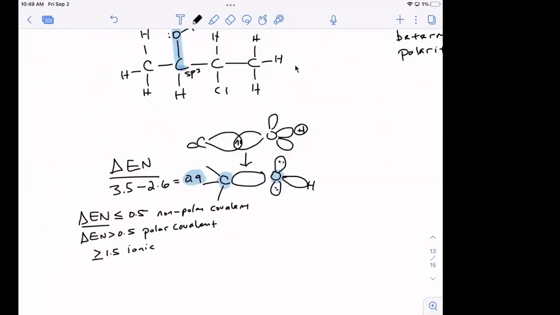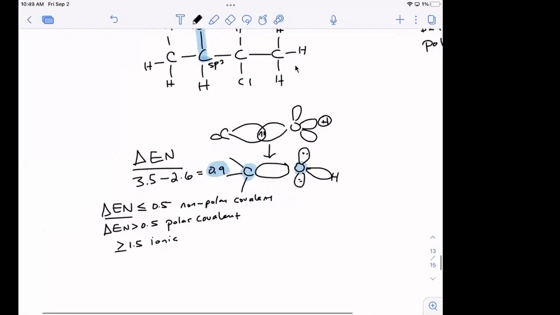Anybody? Polar. It's polar, right? The 0.9 is greater than 0.5. So that's how we determine that.